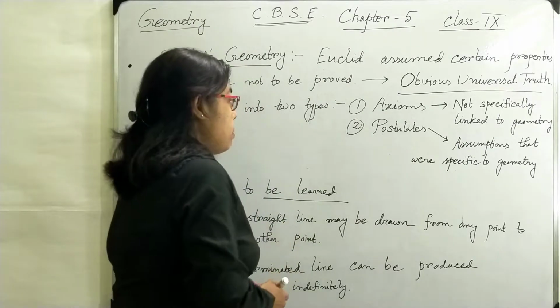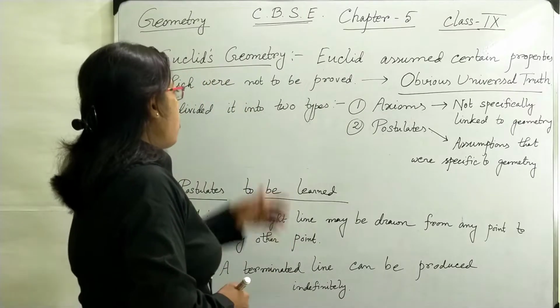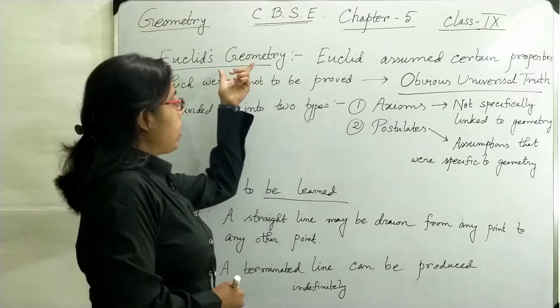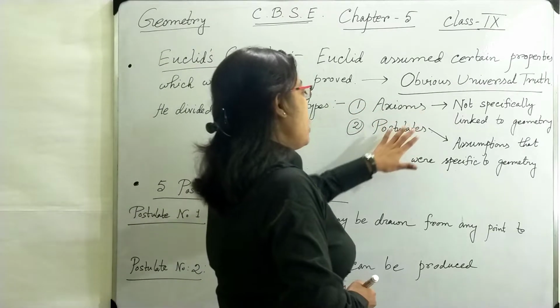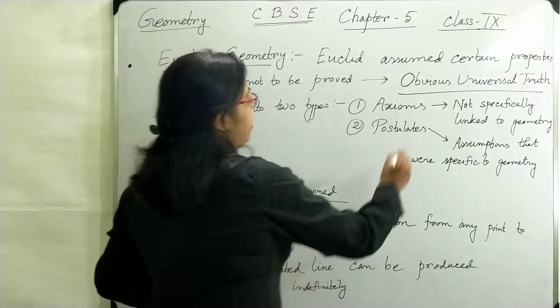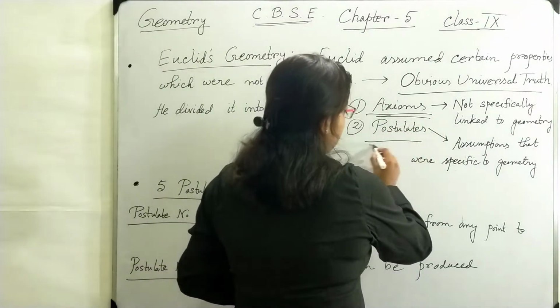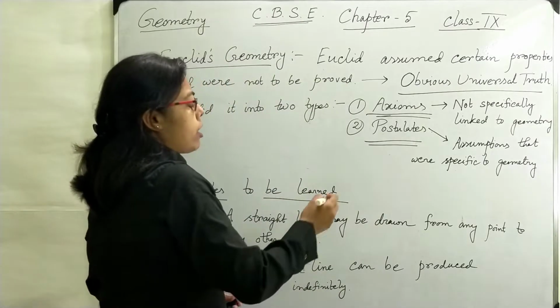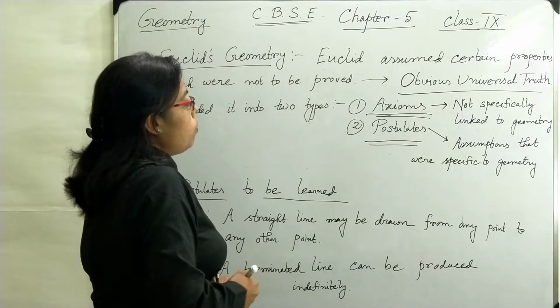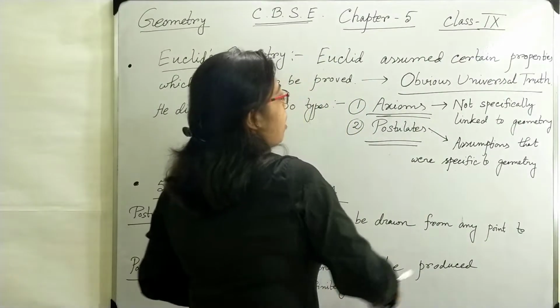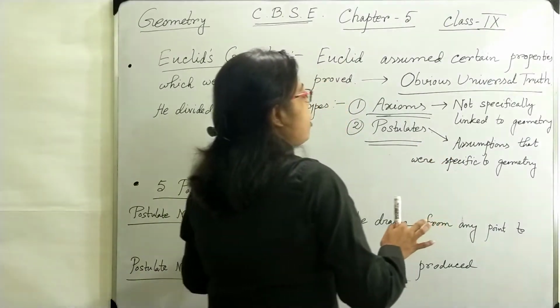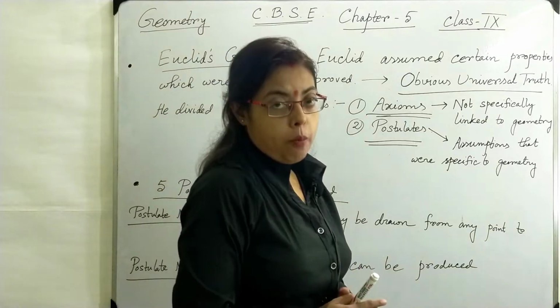And according to Euclid, these assumptions are of two types. Those are axioms and postulates. They have very near meanings, but there is some basic difference between axiom and postulate. The main thing is, axioms are the assumptions that were not specifically linked to geometry.